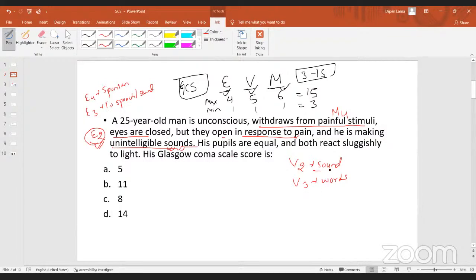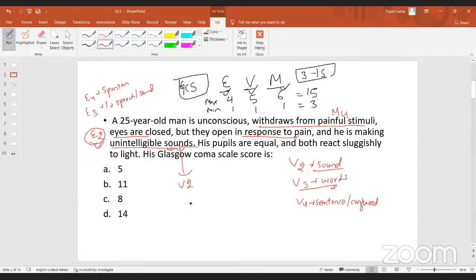So sound is V2. V3 is words. You should not be confused. And V4 is sentence, but confused. V5 is the normal one, and V1 is no sound at all. So according to the question, unintelligible sound is V2.